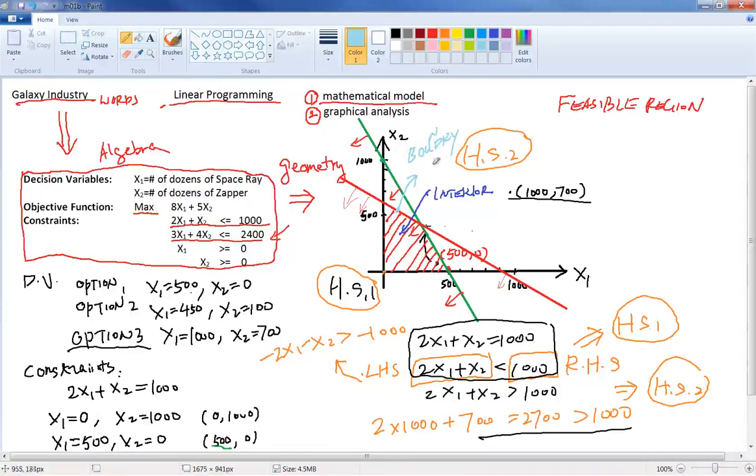A boundary point. And then we call the corners, those points that lie at the intersection of two lines, extreme points. So these are the new terminologies we need to familiarize ourselves with.